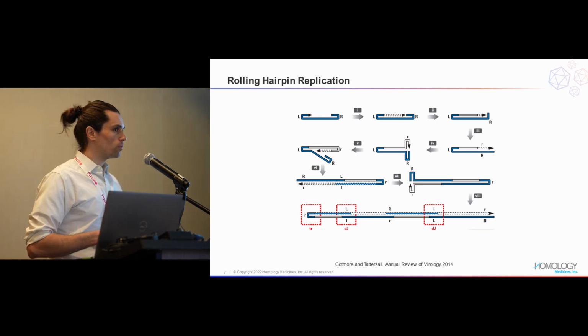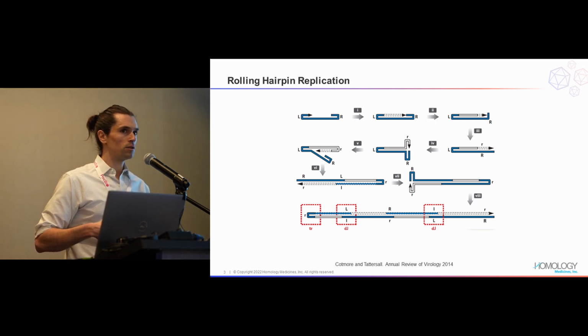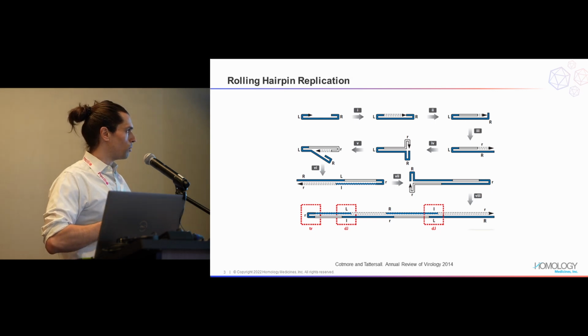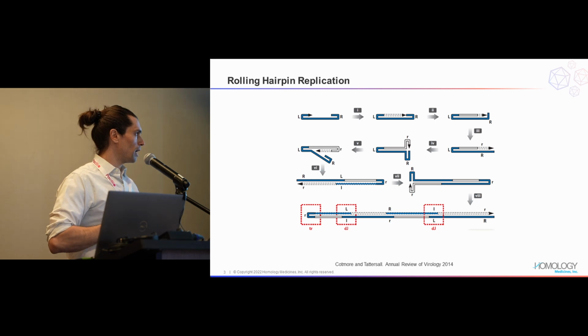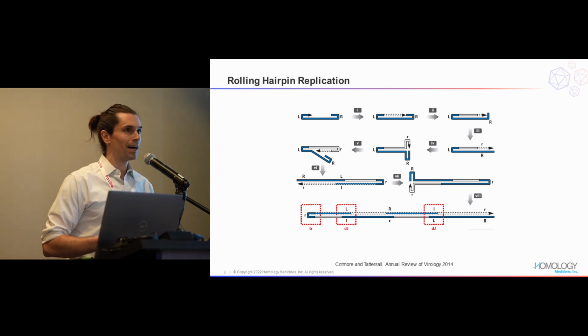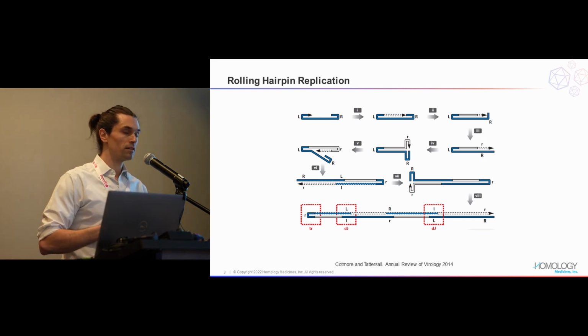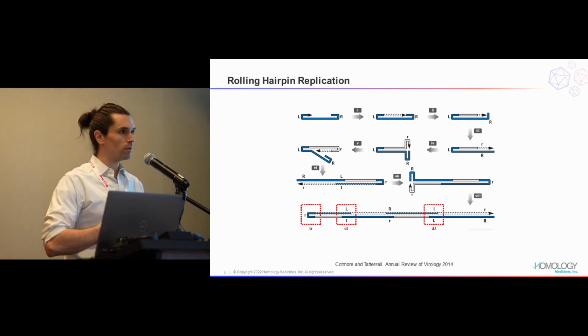I had mentioned rep before, which can act as a nuclease. Rep will bind at what's known as the TRS site, or terminal resolution site. That will make a cut, and it will bind covalently to the 5' end of the genome. This enables packaging.